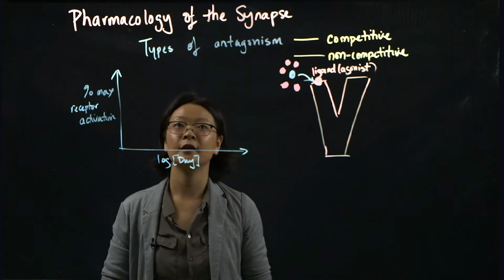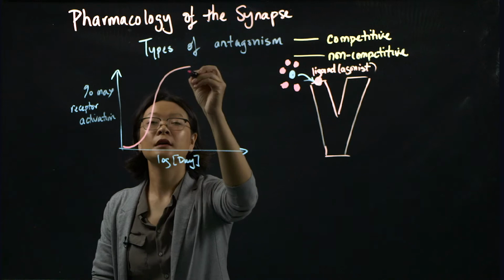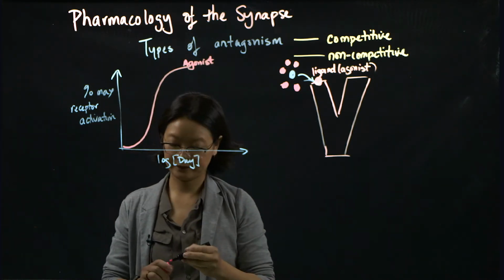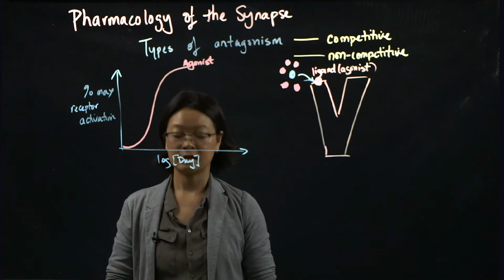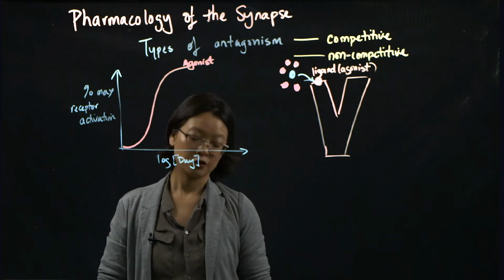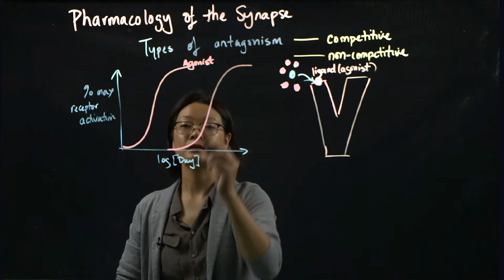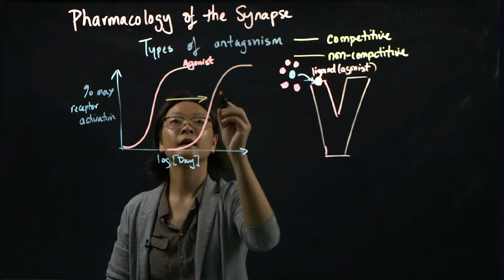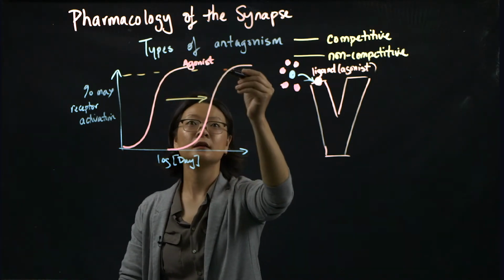And the way that a competitive antagonist looks, so this is your agonist without antagonist. If you now add increasing concentrations of your antagonist, your agonist curve will look like this. So it will be right shifted. It will still produce the same maximum effect.